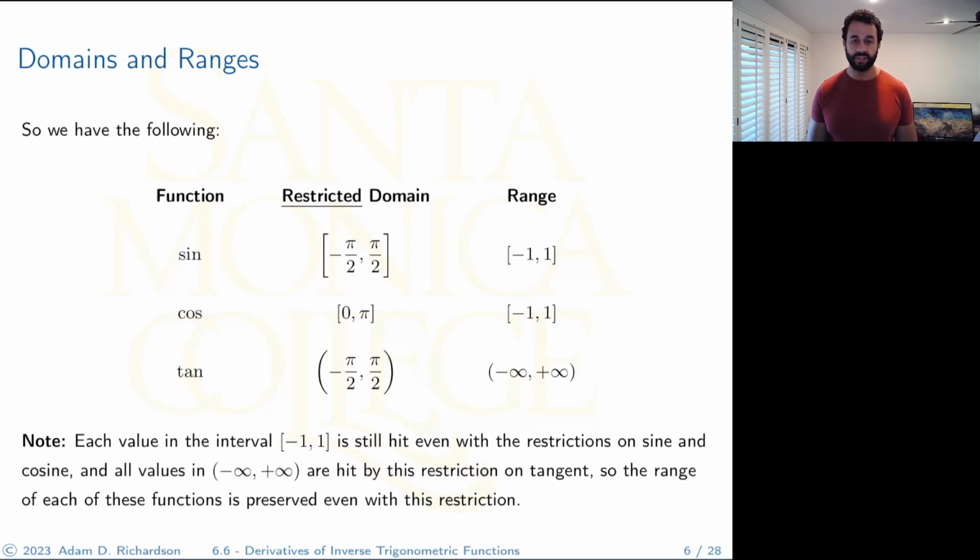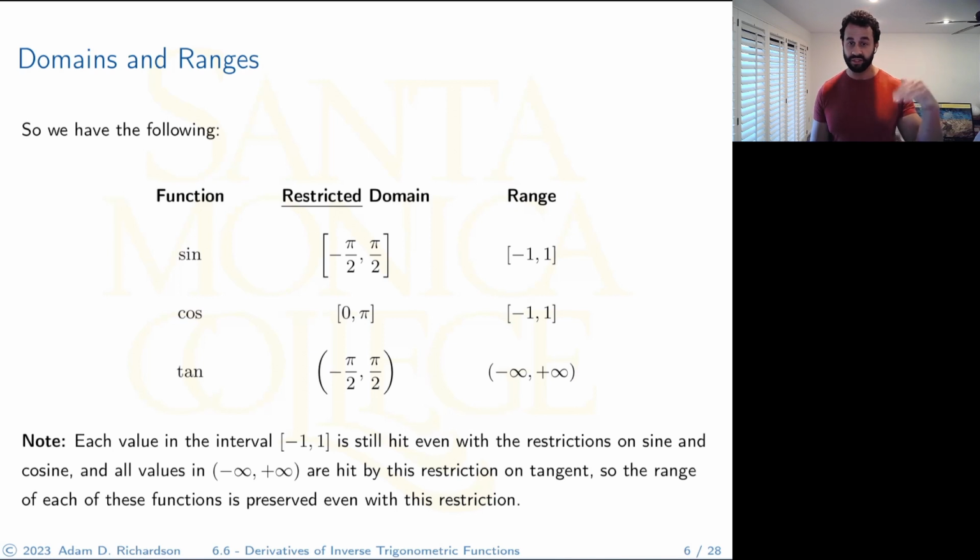We are restricting the functions as so. And the good news is this is one of the reasons that performing this restriction isn't necessarily a bad thing. The range is still negative 1 to 1 for both sine and cosine. And the range is still negative infinity to positive infinity for tangent. So even though we restricted the domain of these functions, we are still hitting all of the possible outputs that these functions could spit out, right?